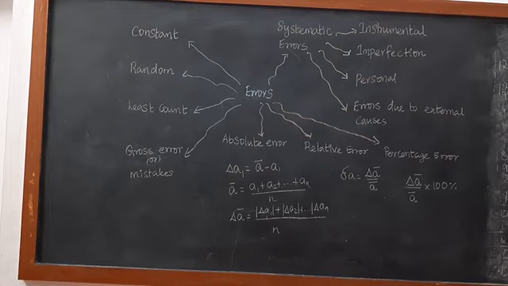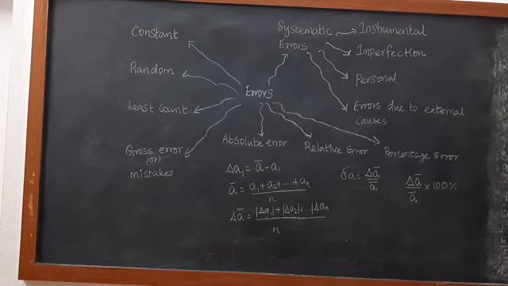We can repeat the measurement with different persons, removing the personal bias as far as possible. A very good example of personal error: when an observer by habit holds his head towards the right while taking a reading, he introduces parallax error. That is called a personal error.